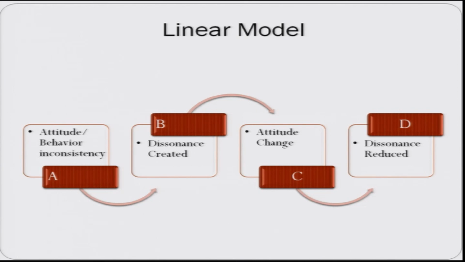To resolve that dissonance or distress, you change your attitude. Either you stop eating that type of noodle, or you start ignoring the negative belief or the thoughts which are coming against that noodle. That is attitude change, and the result of this attitude change is that dissonance is reduced.